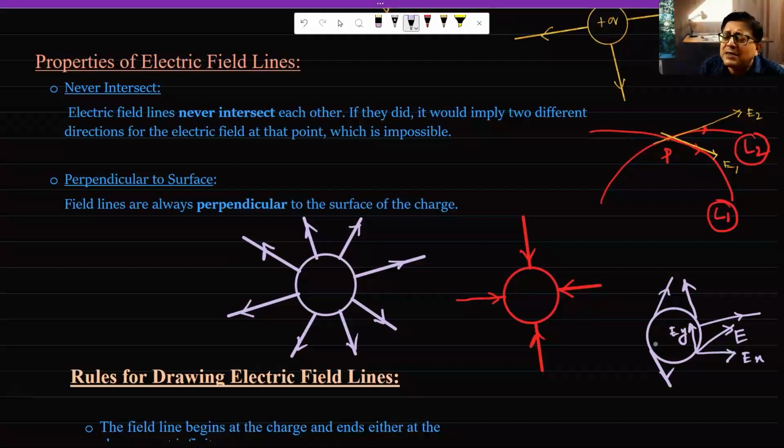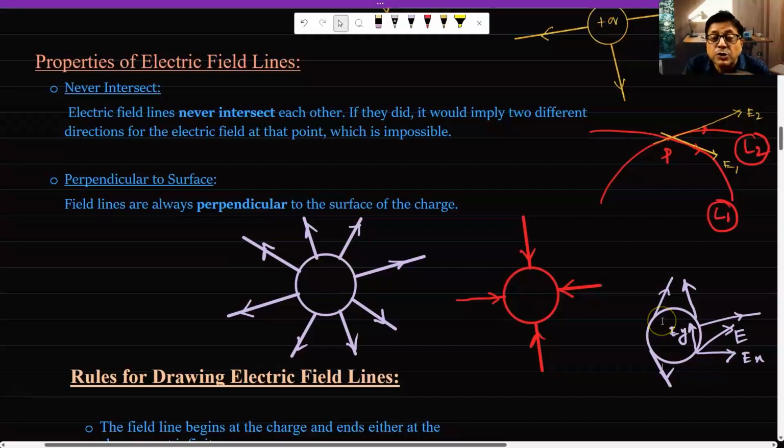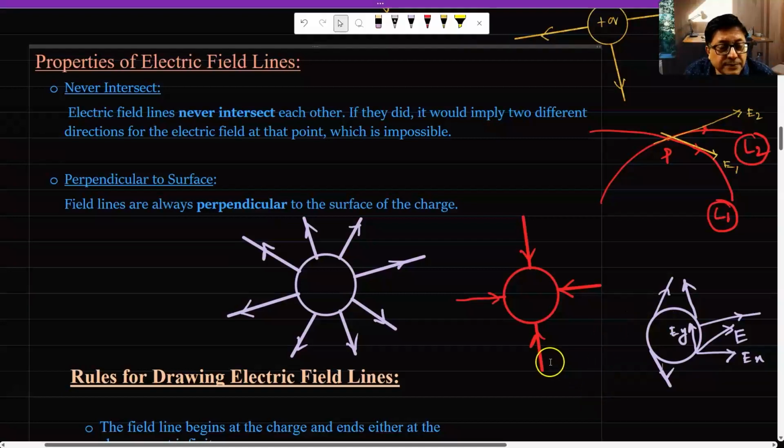But due to this field strength, they start moving along the conductor. This is a conductor. We are considering a conductor only. They will meet the surface of the conductor or emanate out of the conductor in a perpendicular direction. Other direction is not possible. If you think that, then it is contrary to the principle of electrostatics, where charges are static. They start moving. So the situation does not arise.